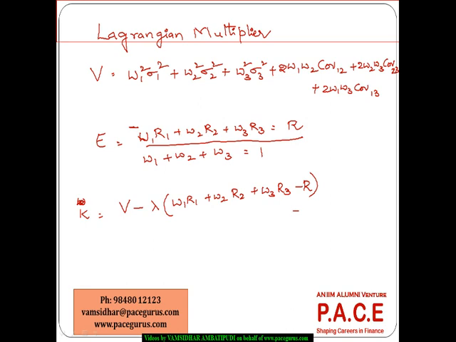I'll call it minus lambda 1 times this. I also have a lambda 2 times the next constraint, W1 plus W2 plus W3 minus 1.